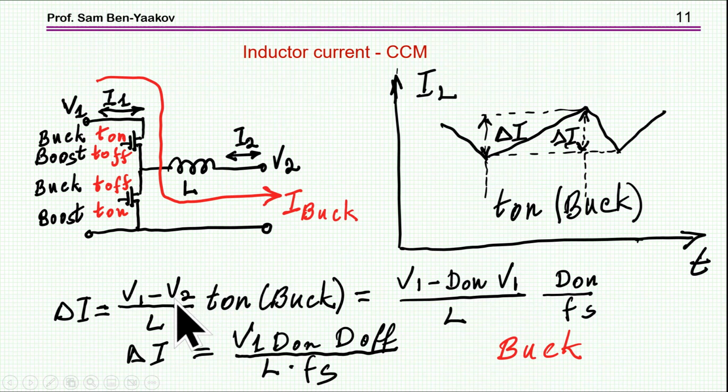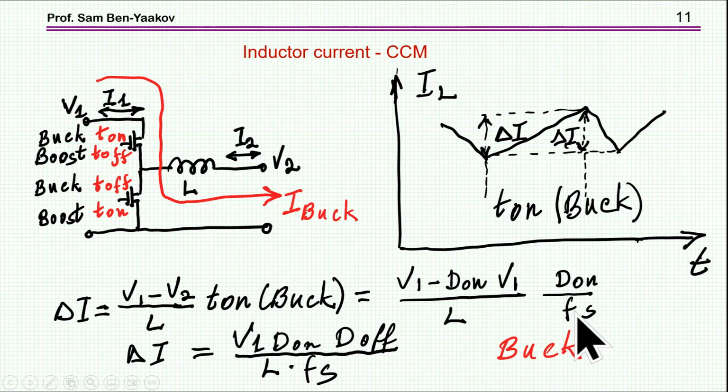Now I'm replacing V2 by D on times V1 for a buck. I'm talking about continuous current mode. And then also, instead of T on, I'm putting D on over the frequency, or D on times the period.